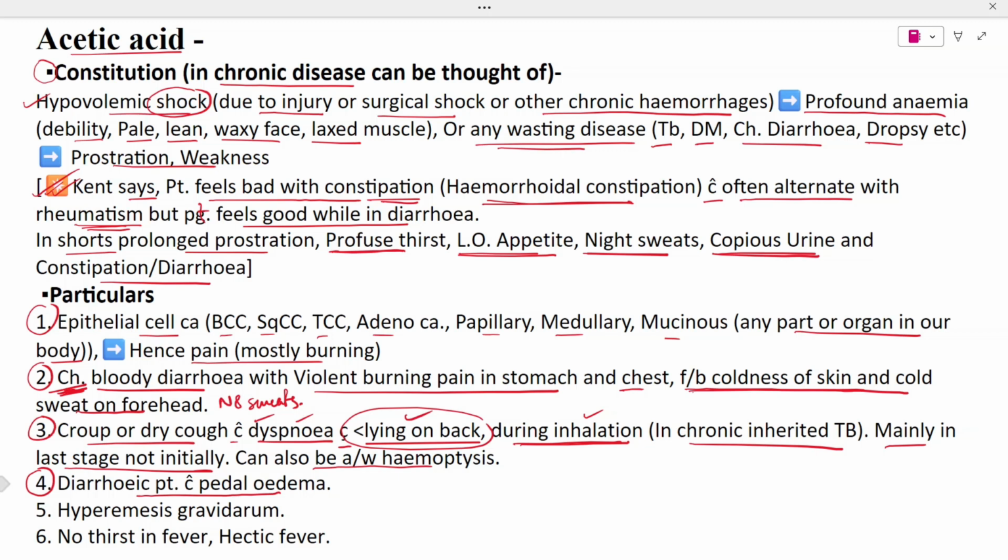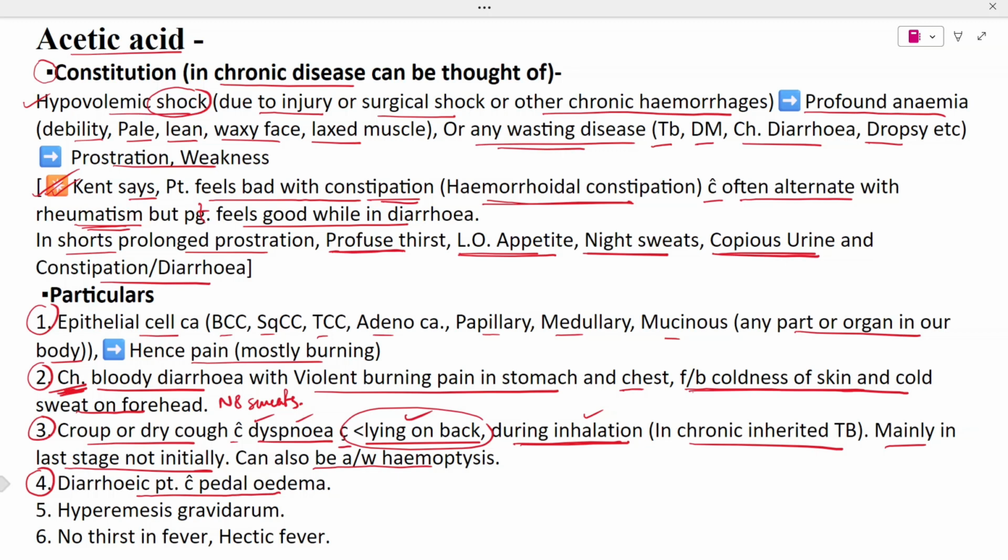All the reports are normal. In that situation, we can think of acetic acid, and it is a wonderful remedy simply to control pedal edema, which usually comes without any cause. Now, if there is a chronic cause, acetic acid will work beautifully, constitutionally. Otherwise, it will act generally on particular symptoms only.